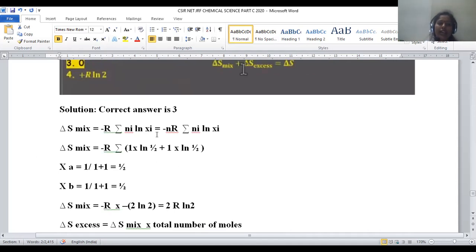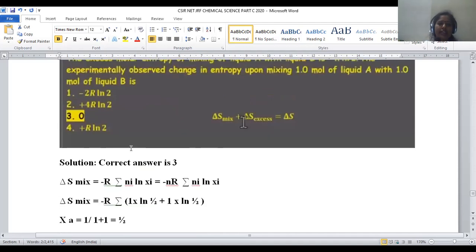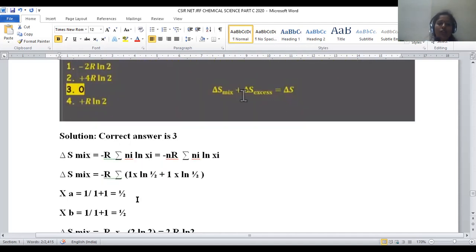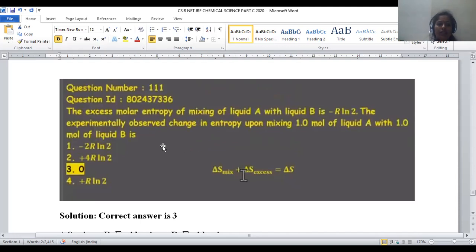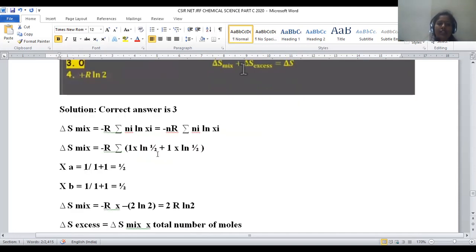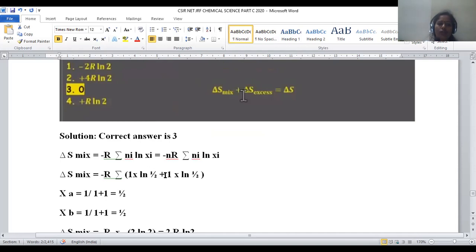Minus R sigma ni ln Xi, or minus nR sigma ni ln Xi if n moles are given. Here ni is 1 mole of gas 1, and Xi is 0.5, which is nothing but 1 by 2.